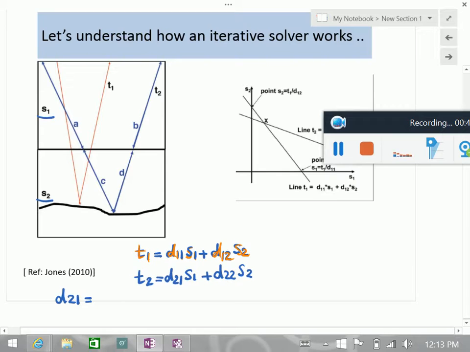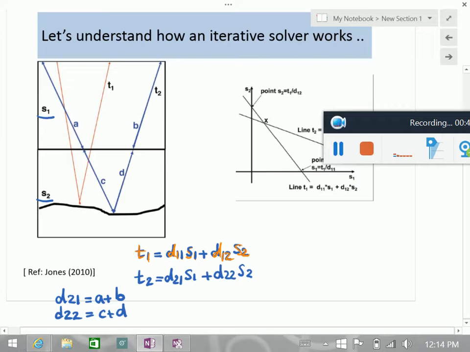What does it mean? It's the length that ray path 2 is spending in medium 1. Just for the sake of understanding, if we look here, D21 is A plus B. And D22 is C plus D. Just so that you get a visual sense of that, that's fine.